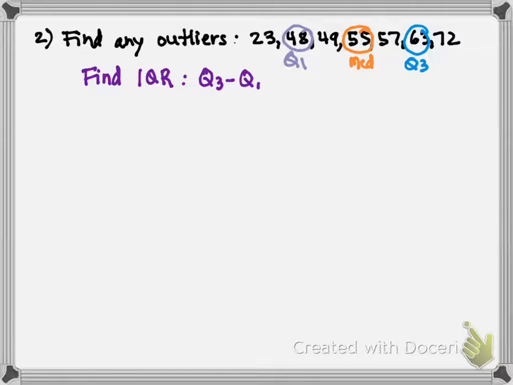So to figure out our IQR, we're going to take Q3, which is 63, and we're going to subtract from it the quartile 1, which is 48. So when we do that, we get a difference of 15. Okay, but remember what our formula says.